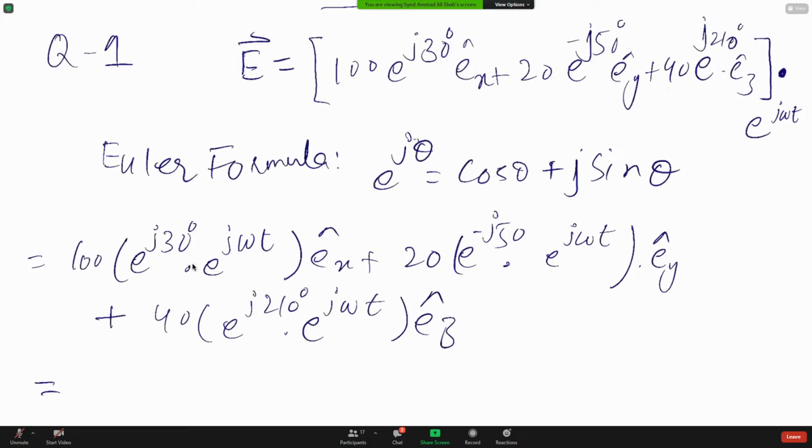So when you multiply this expression, basically you are adding the powers.